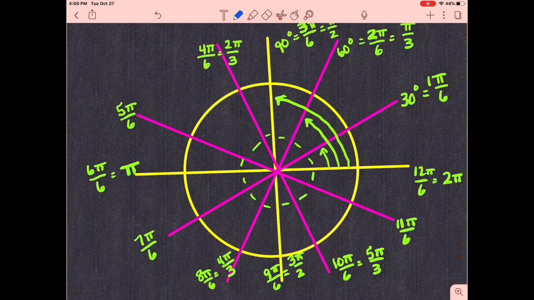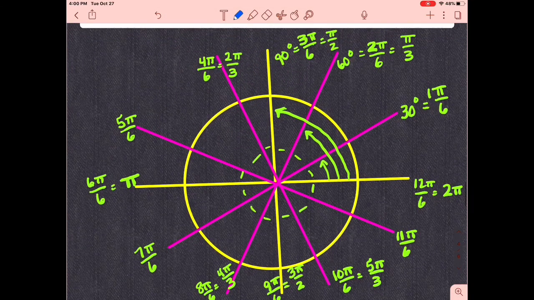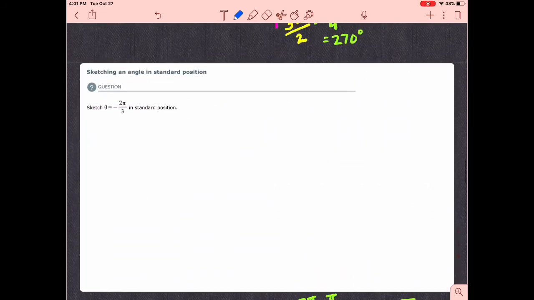Let's say, there it is up there. So if I went here and I went this much, I could draw this angle like that as 2 pi over 3. But remember, negative means counterclockwise.